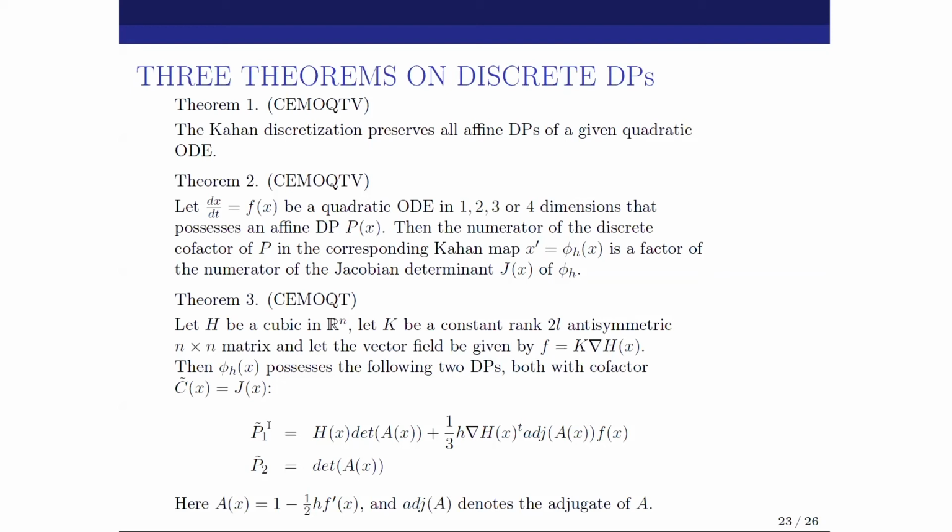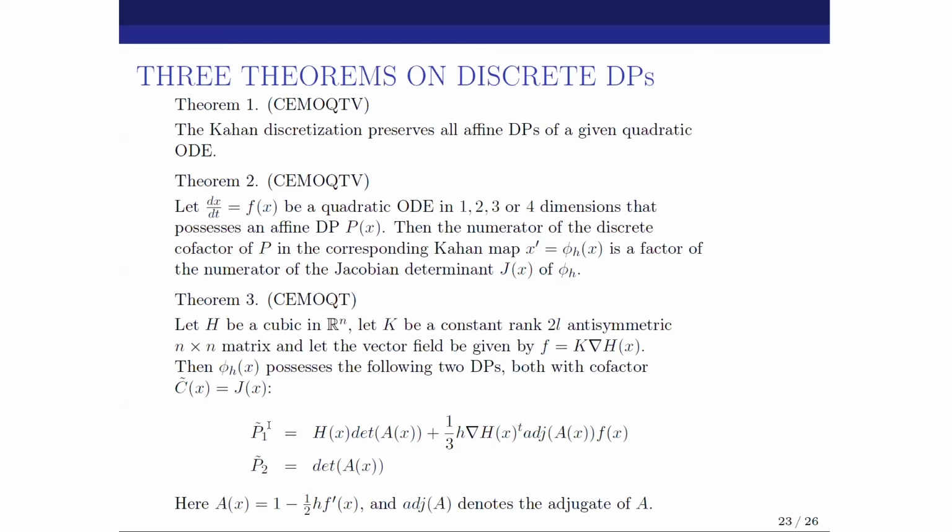Then theorem 3 says if you have a cubic Hamiltonian, and now in any dimension, then the discretization has these two, the cofactor and the codeterminant. Now we're talking about any dimension.